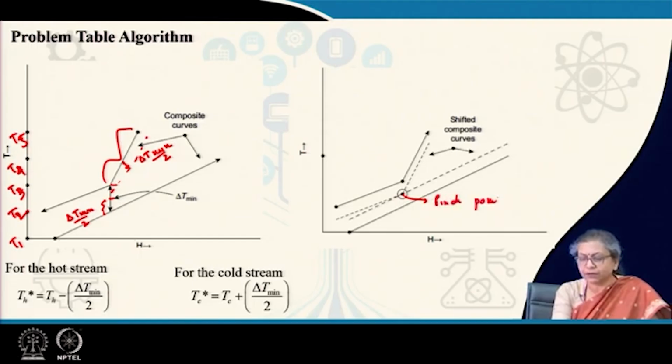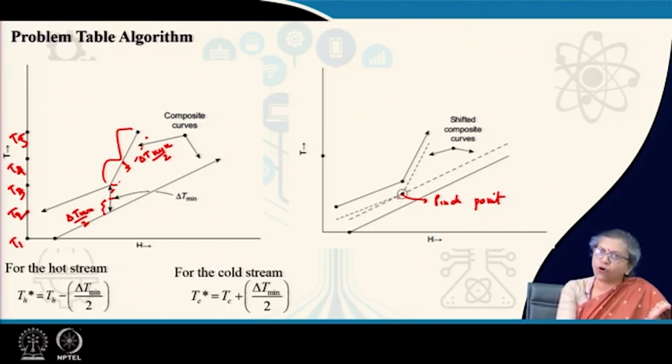Once I locate the pinch point, I start making heat transfer interactions above the pinch and below the pinch, and I know that this is a feasible situation because at the pinch point the hot stream temperature is hotter than the cold stream temperature by an amount of delta T min.